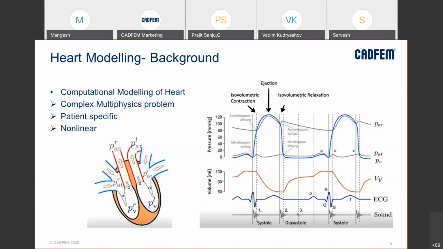But here it is a pressure driven phenomenon, where only if there is a variation in pressure will it open. So modeling such a situation is a complex phenomenon, and there should be a proper strategy to model such cases.